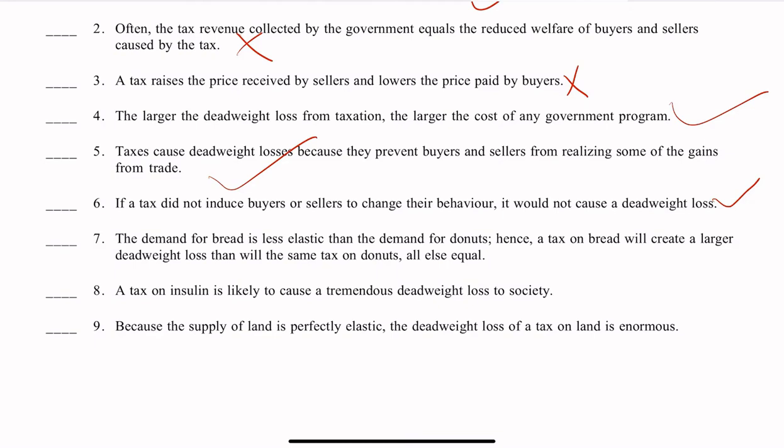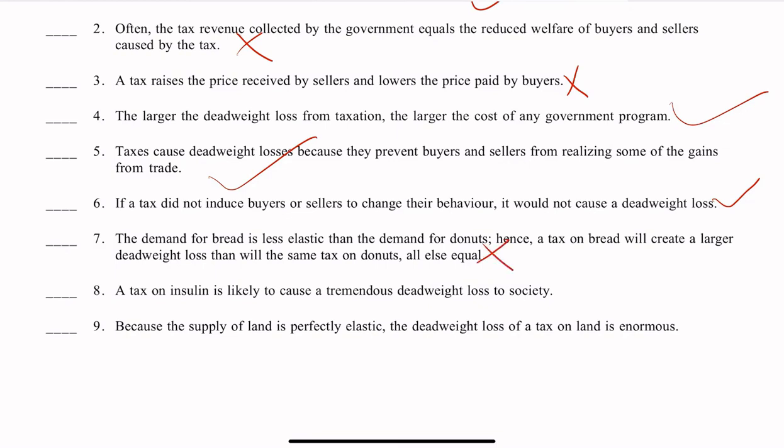Here, demand for bread is actually less elastic. So the correct statement is a tax on bread will create a smaller deadweight loss than the same tax on donuts.